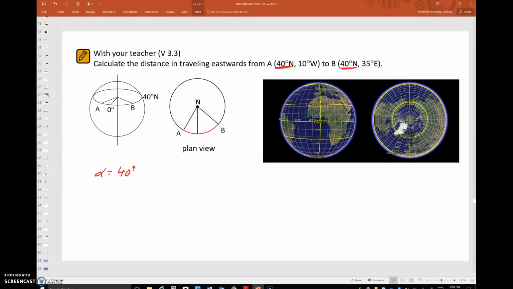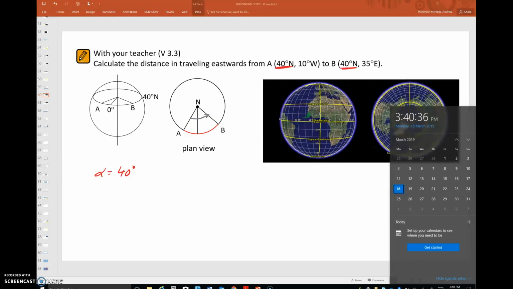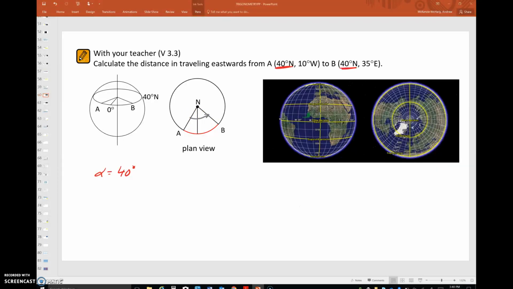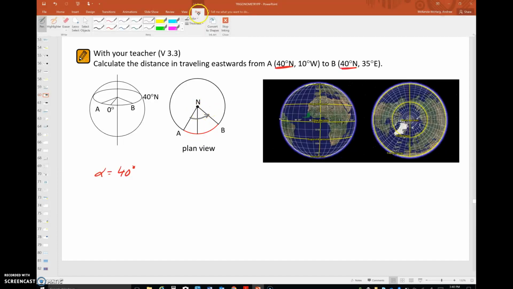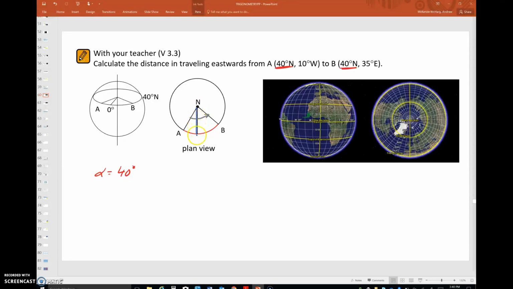Right, so the next thing is to determine our theta value, the angular separation between these two places. Now, just like before, we can use a diagram to help us with that. In this diagram, we're looking directly down on the North Pole, so looking from above down onto the Earth through the North Pole. And this here would be our prime meridian, down through here, this blue line, which is at 0 degrees.